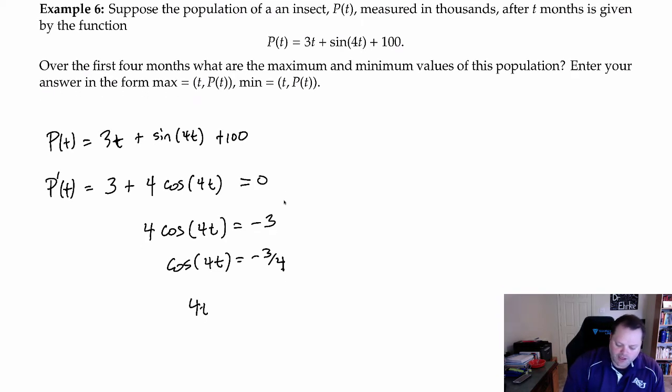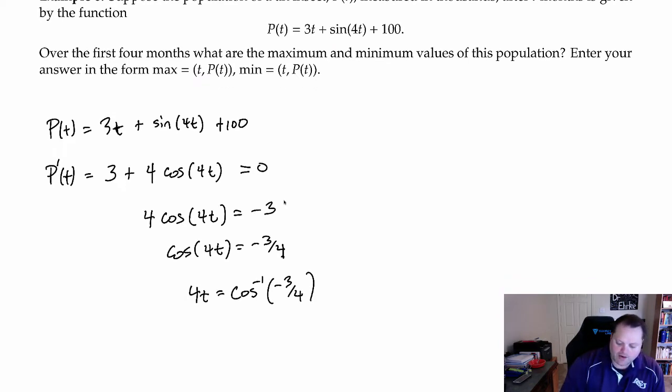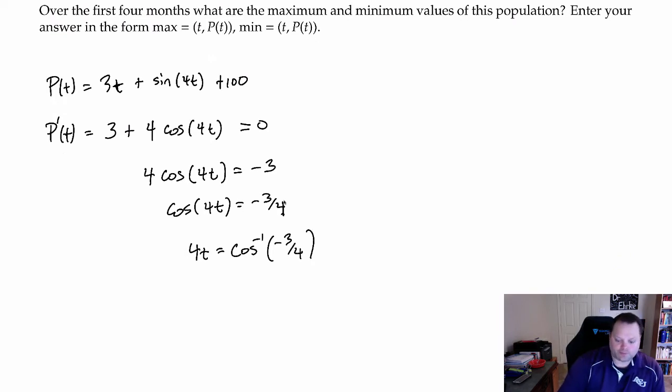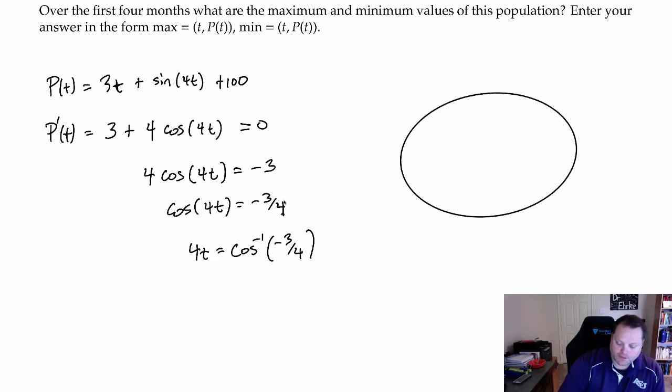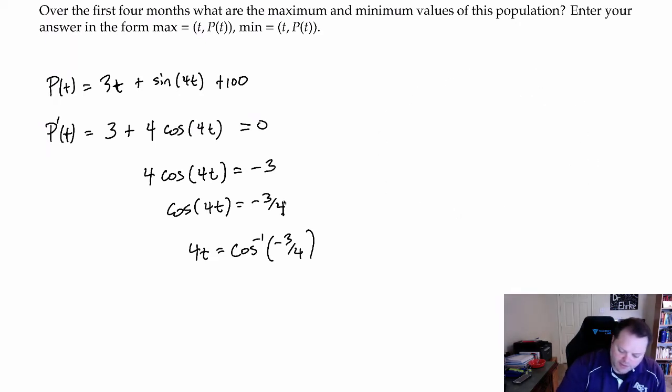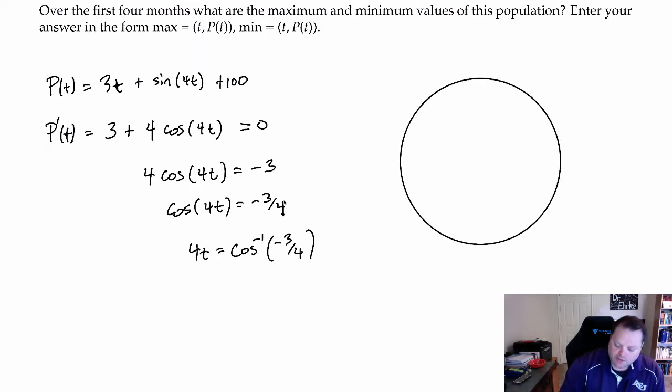So 4t is cosine inverse of negative 3/4. And here's where you need to be careful. Let's think about our unit circle for just a second.